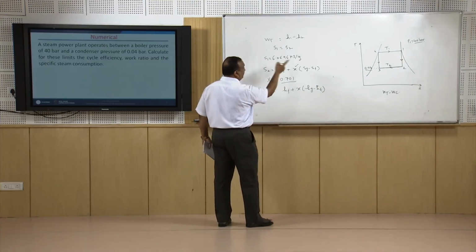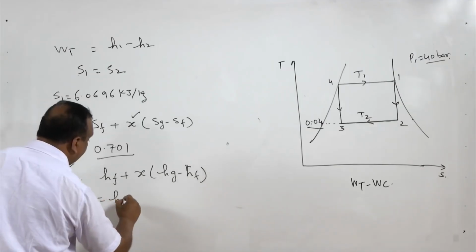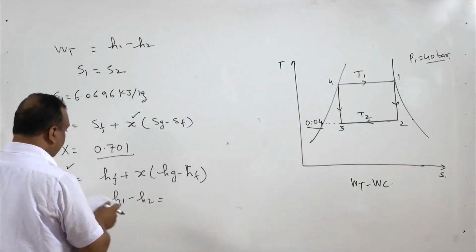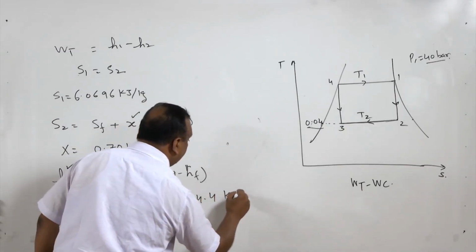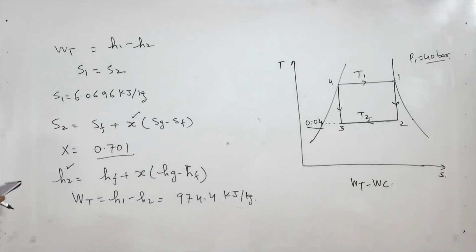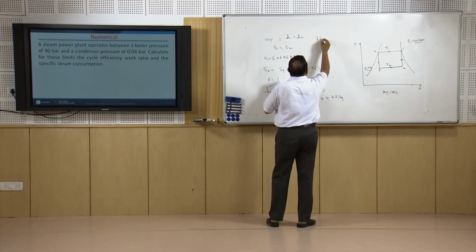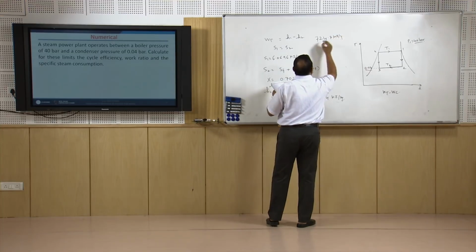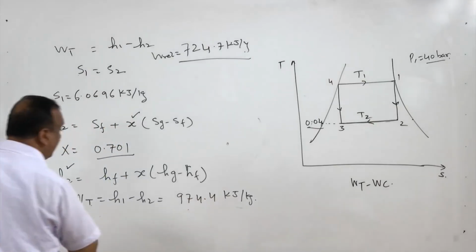Now, we have value of H1 and H2, we can find the turbine work as H1 minus H2, and in this case the turbine work is 974.4 kilojoules per kg, right. Net work was 724.7 kilojoules per kg. This was the net work, and this is turbine work.